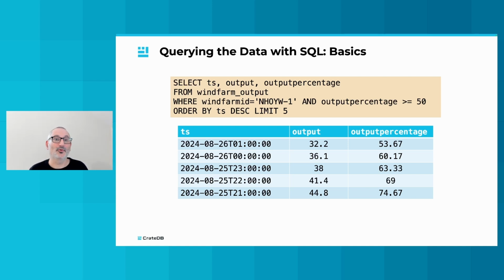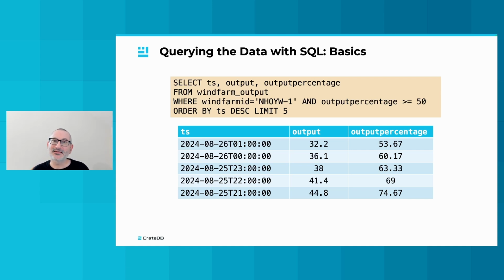We're going to want to query it. There's nothing particularly special about this query on the screen. All we're doing is selecting a few fields from the wind farm output table, so the time series type one, for a given wind farm, so North Hoyle 1, and at times where the output percentage of the wind farm was at least 50%.